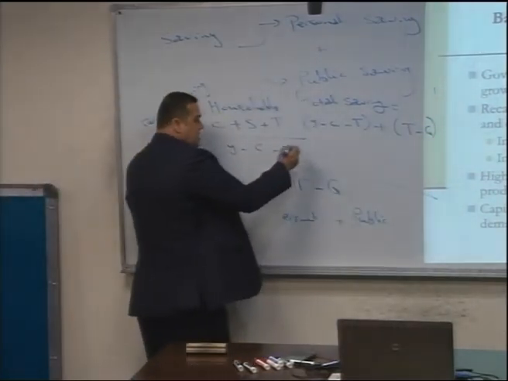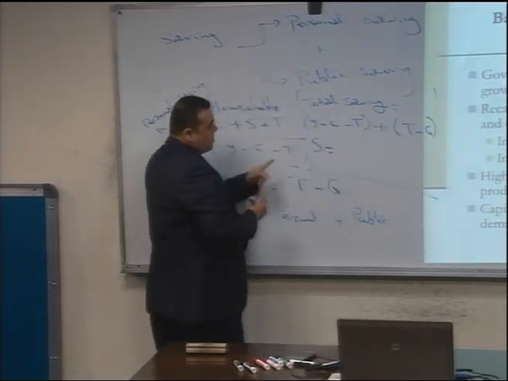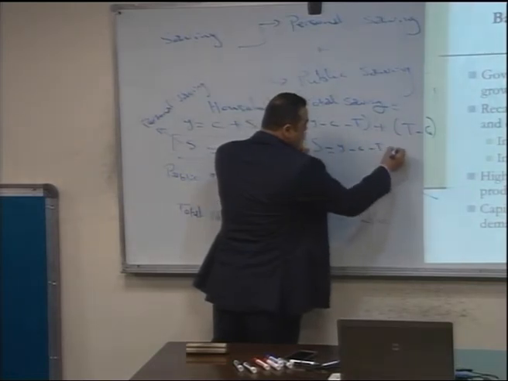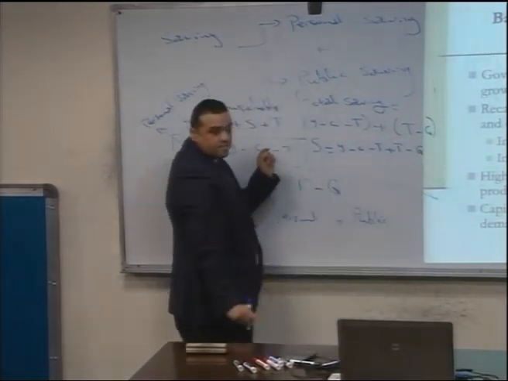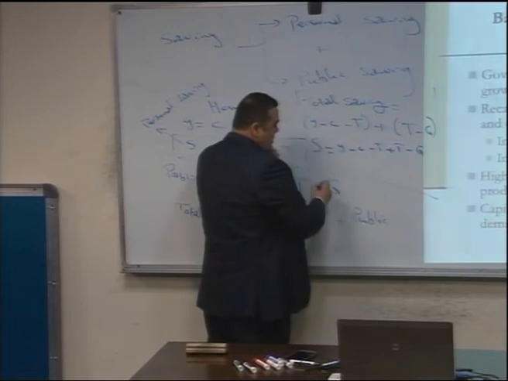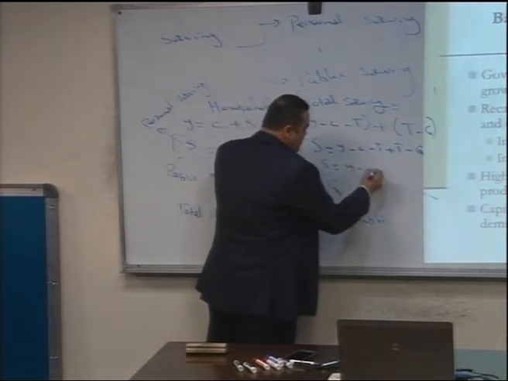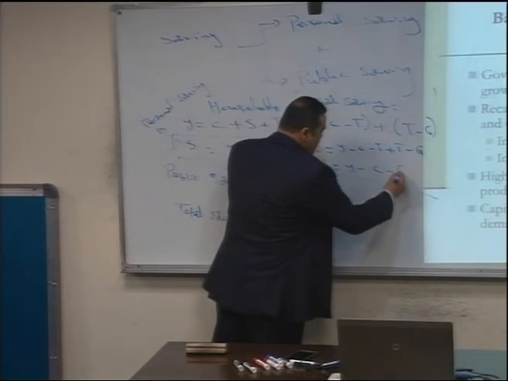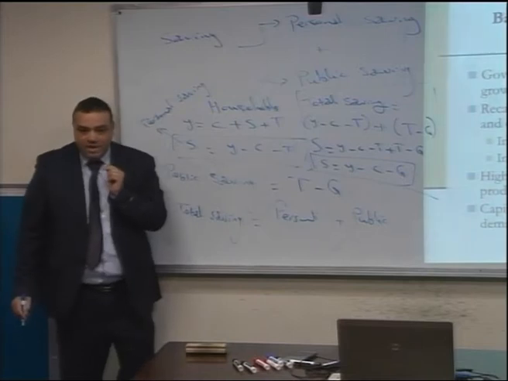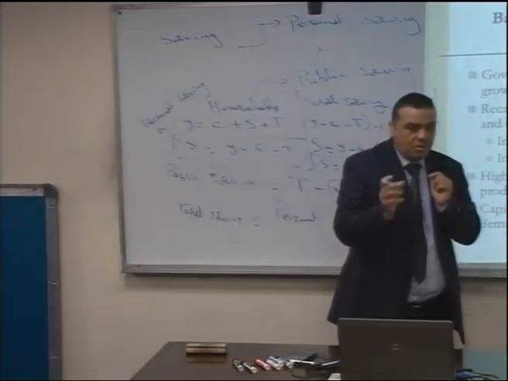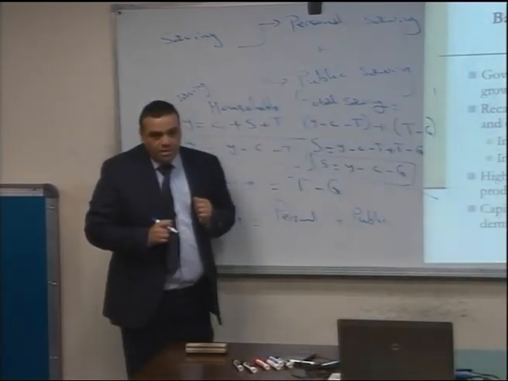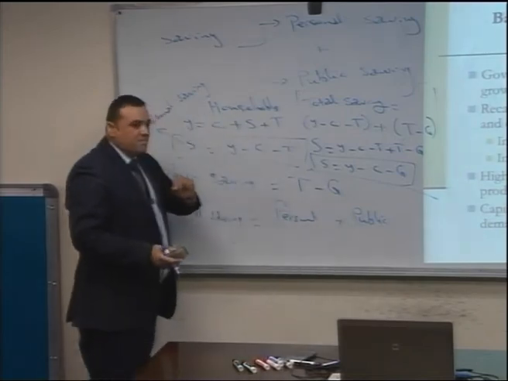So the total saving equals Y minus C minus T plus T minus G. Subtracting T with T, S equals Y minus C minus G. This is the total saving in the economy when we have a government, the private business sector, and the household sector. Okay? Right. Let's go to something else.